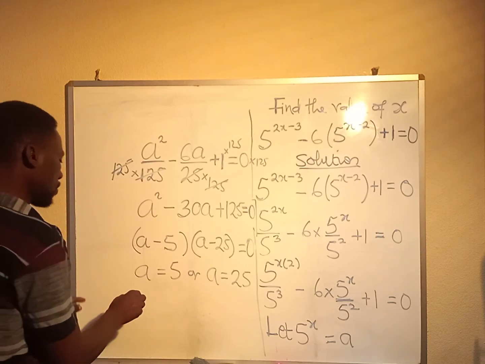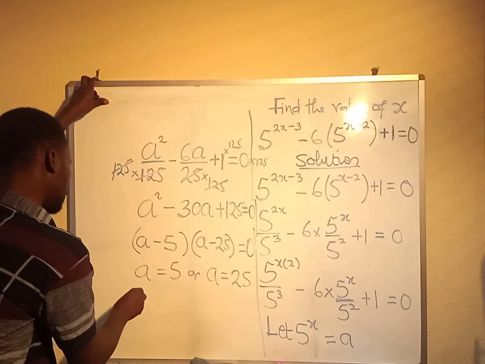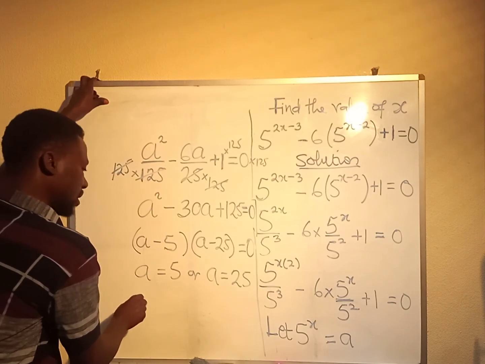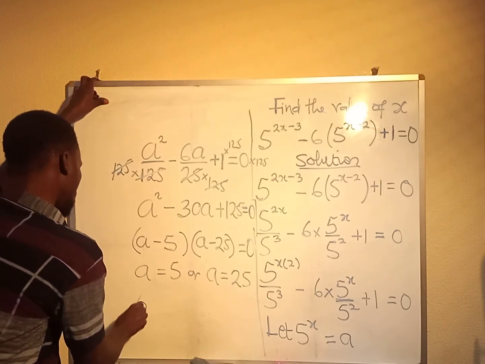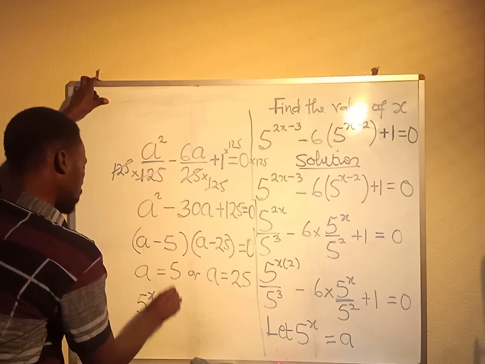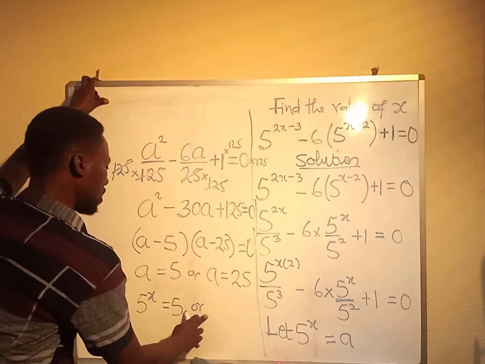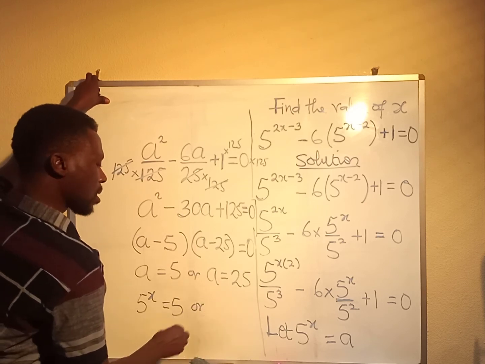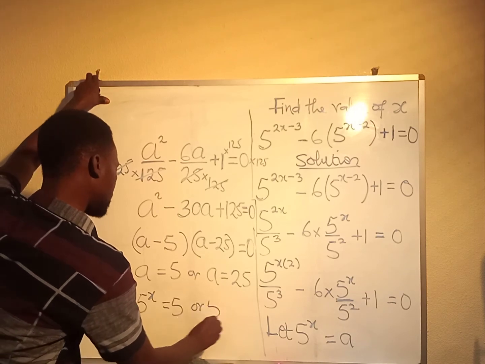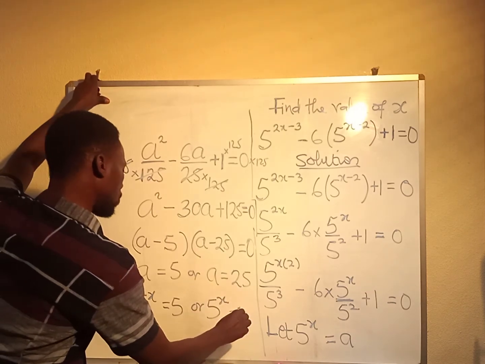All right. So what we shall do is say that when a is equal to 5, let's set up two equations. So we shall have 5 raised to the power x is equal to 5, when a is equal to 5. Or 5 raised to the power x is equal to 25, when a is equal to 25.